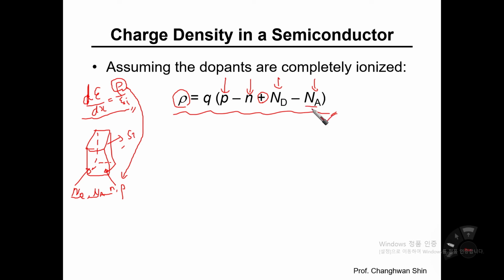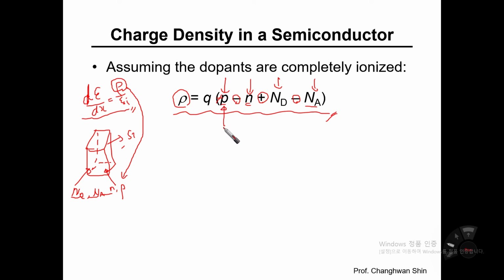Acceptors are accepting free electrons from the silicon material, so they are going to be negatively ionized. So minus, right? And what about the hole? Hole is, as I told you, the positively charged particle and carrier to flow current in silicon. So p is plus. And what about n? n indicates electron concentration. This electron is a negatively charged particle carrier in silicon, so I have used the minus sign.